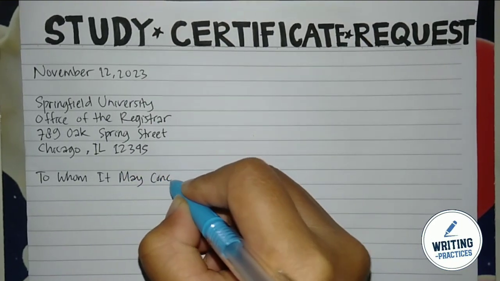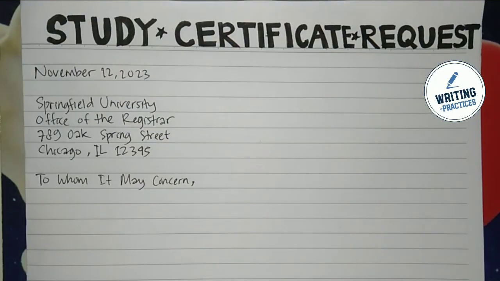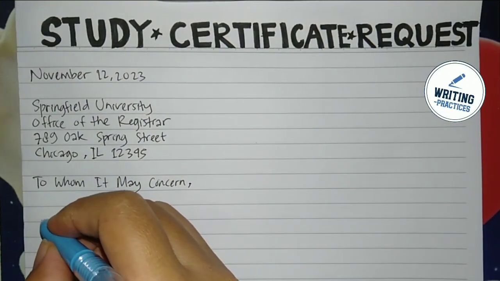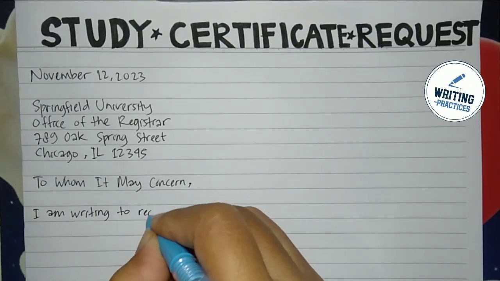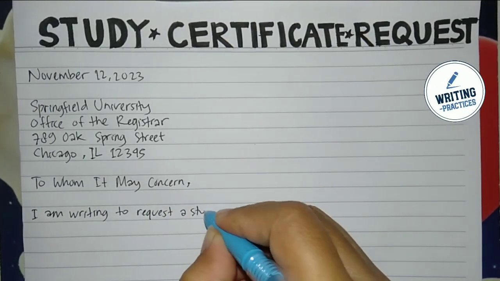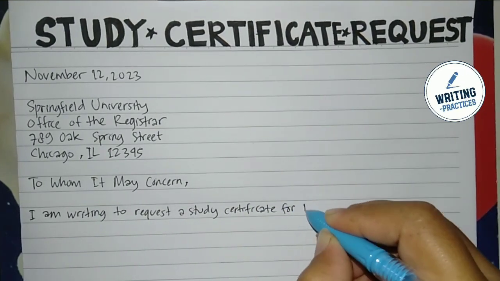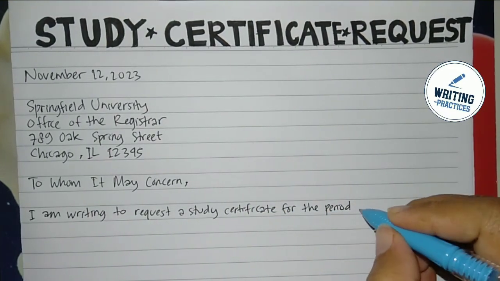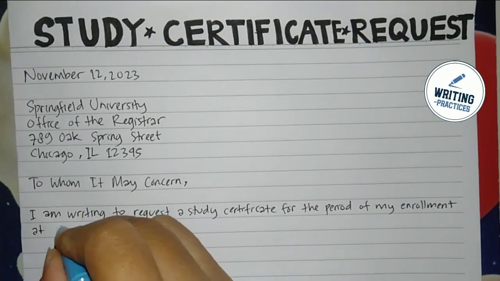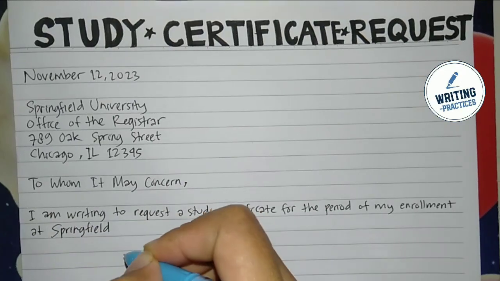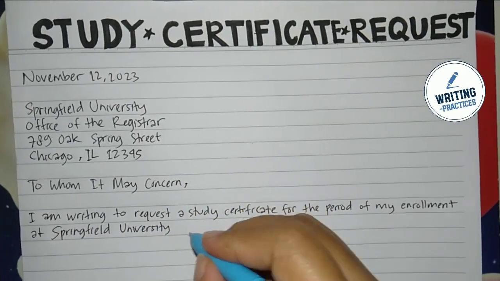Once you complete all the information, open the letter with a salutation. Since you don't know their name, you can write "To whom it may concern," or "Dear Sir or Madam." In the first paragraph, this is where you do an introduction. In doing so, you can begin with a polite and formal introduction. It is essential that you state your name, student identification number, if applicable, and your current or former enrollment status at the institution.